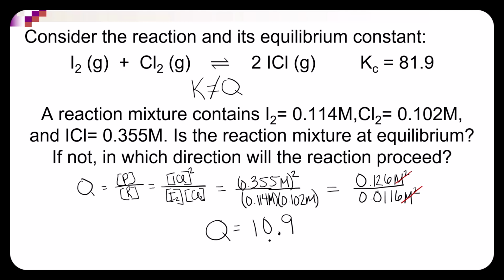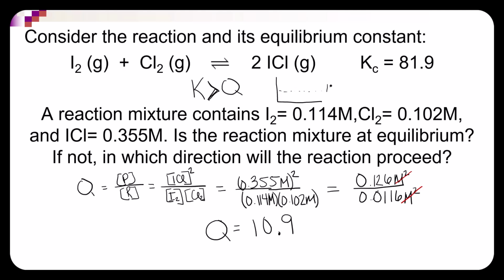Now we have to decide which direction the reaction will proceed. Where is equilibrium? What we see in this scenario is that Q is less than K. So we could think about this from that graph standpoint, if you liked that.